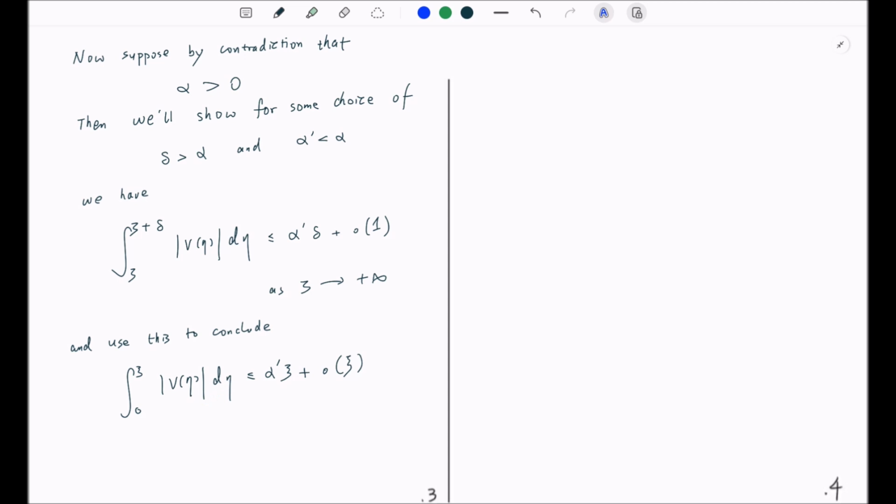And from here, we will conclude that beta, which is defined as lim sup of the average as psi goes to infinity, is less than or equal to alpha prime, which is less than alpha. So this is our basic plan in this final section. And of course, the tricky part is how to pick this delta and alpha prime.